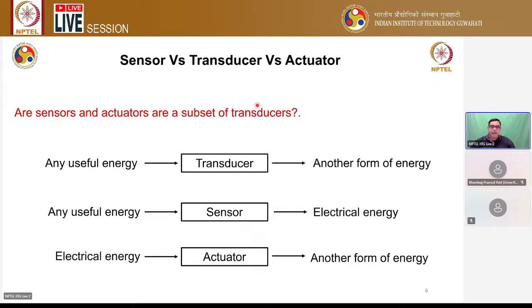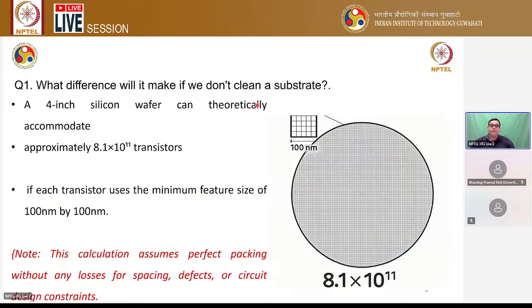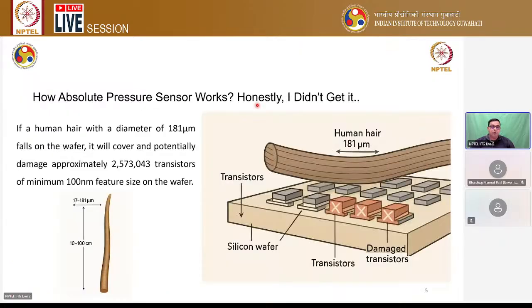So I hope that this question on what difference it will make if we do not clean our substrate is pretty clear to you, and that you understood that cleaning the wafer is very much essential, so that you get the proper lift off done, you get the proper fabrication done on the wafer, and it doesn't damage any other device that you have on a wafer.